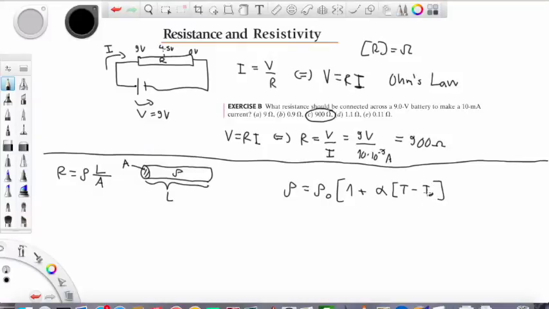So at the reference temperature T0, we have resistivity rho 0, and then whatever higher or lower temperature will modify the resistivity.